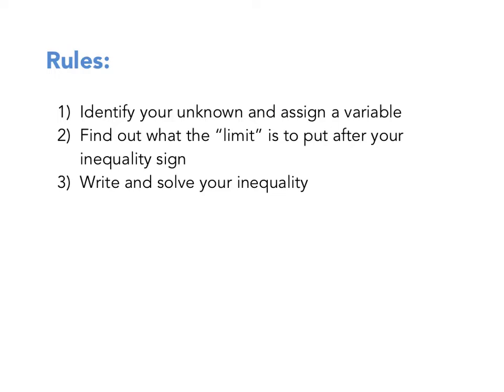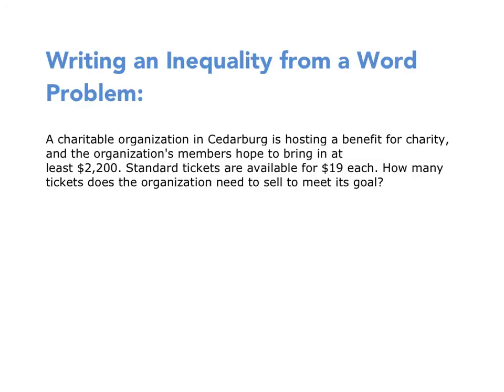So you find your unknown and assign a variable to it. Step 2 is to find out what the limit is to put after your inequality sign. So we need to have something that we need to be less than or greater than, and then solve your inequality.